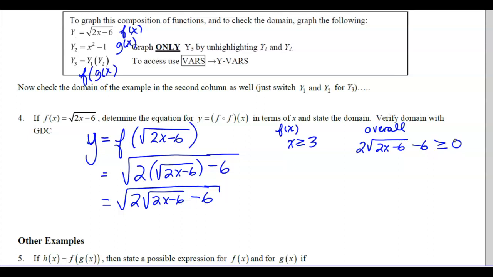So that's kind of interesting because that's a radical inequality. But we can isolate the radical. So bring the 6 over, divide by 2.